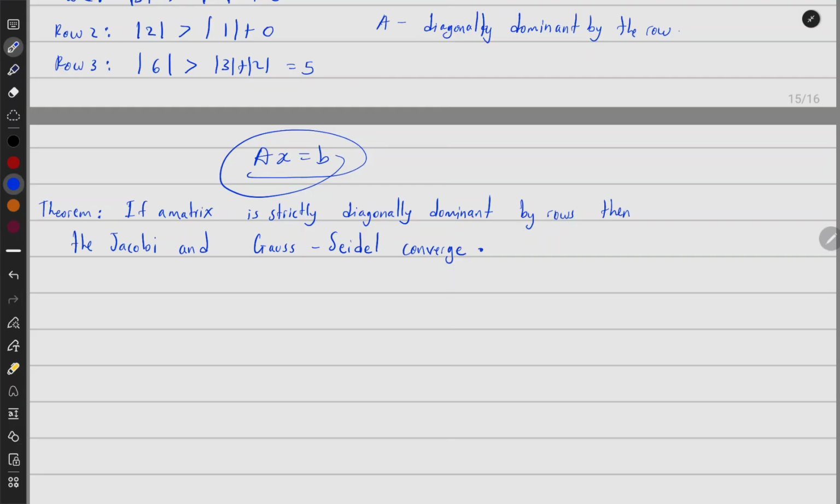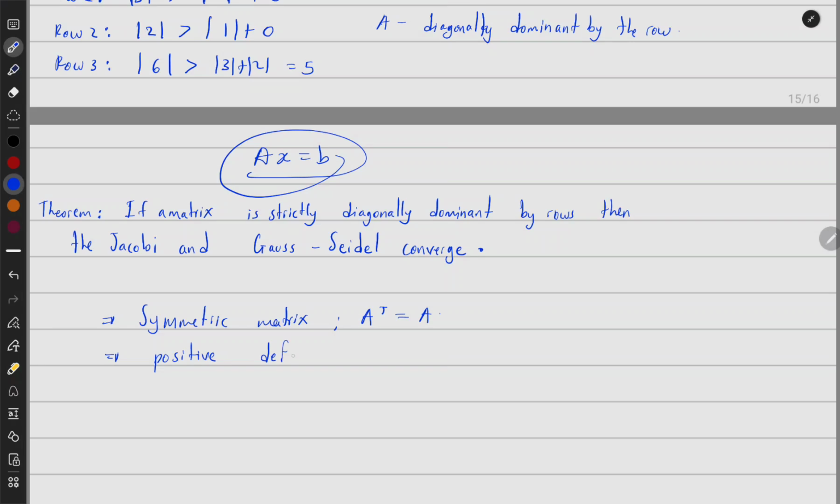Then I can also explain a symmetric matrix. Matrix A is said to be symmetric if A transpose equals A. So that's what they mean by a symmetric matrix. Then what do they mean by positive definite?